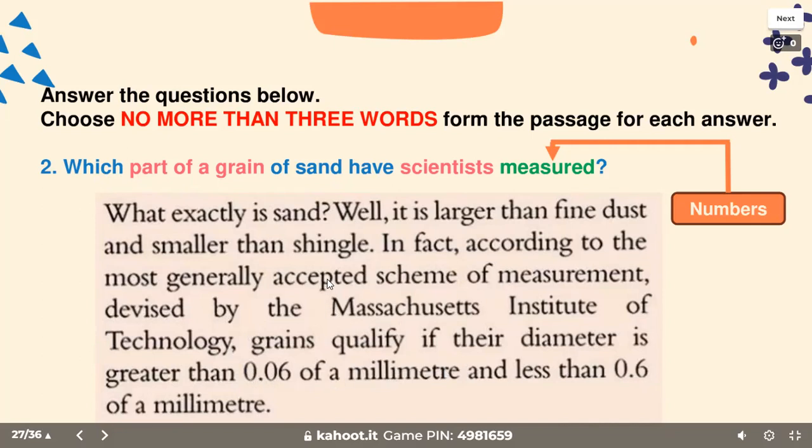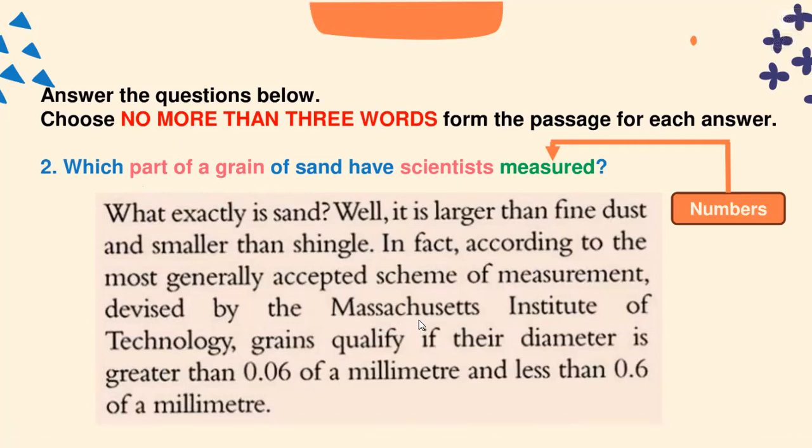Okay, now you have some time. Read the last sentence carefully, and try to answer the question: which part of a grain of sand have scientists measured? I will give you 1 minute, and then I will display the question so that you can type your answer. But first of all, try to read it. I will shut up.